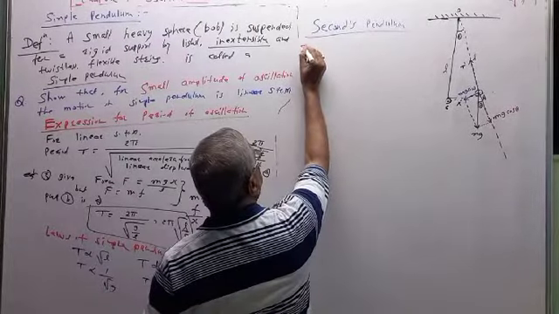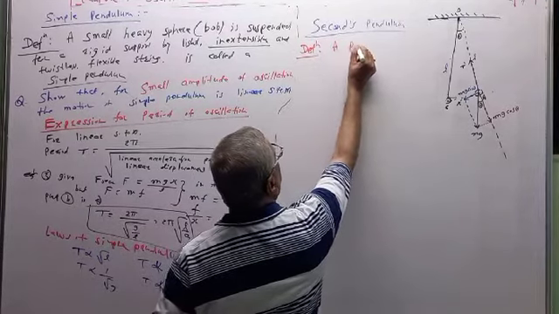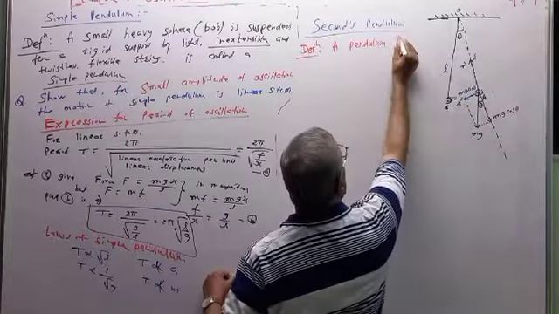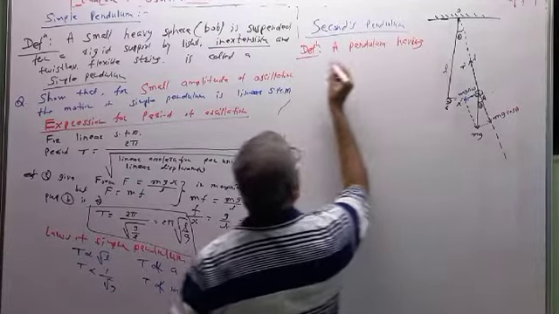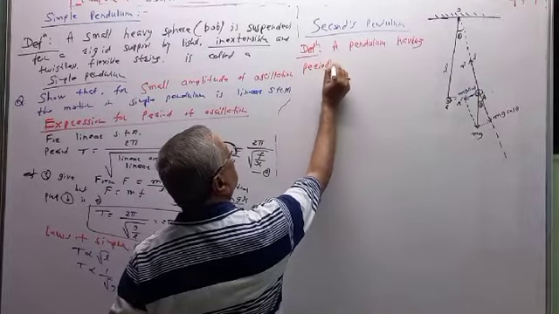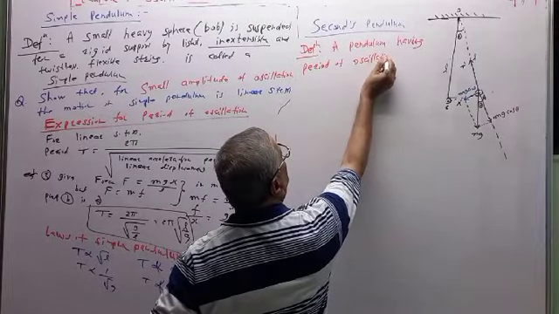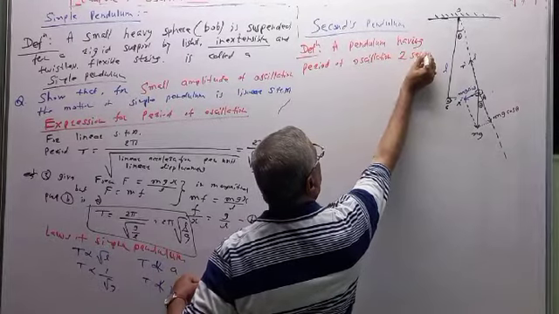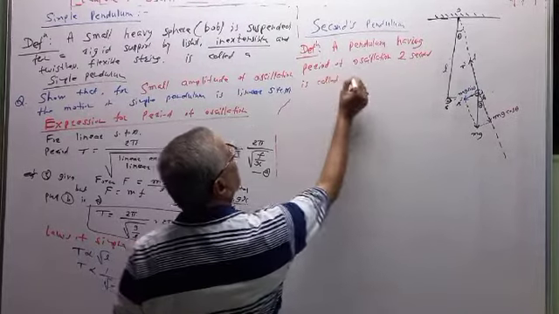So the definition is like this. A pendulum having a period of oscillation of 2 seconds is called a seconds pendulum.